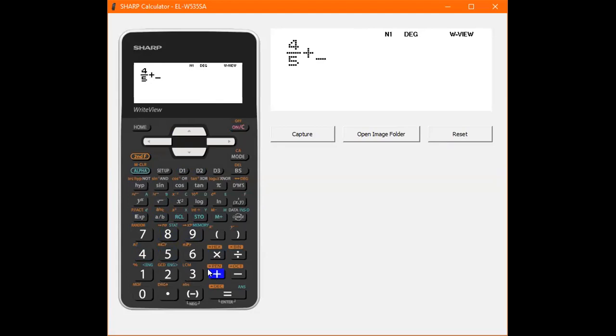The second way to do it is to type in your numerator first and then press your fraction button, and then to type in your denominator, and that will then give you your solution. So either way is fine.